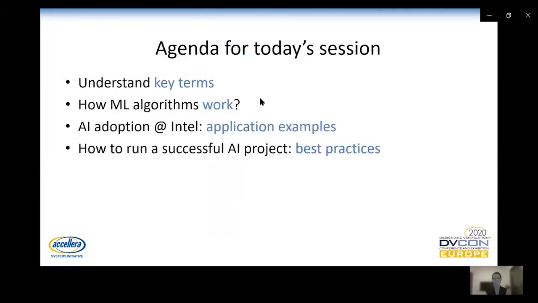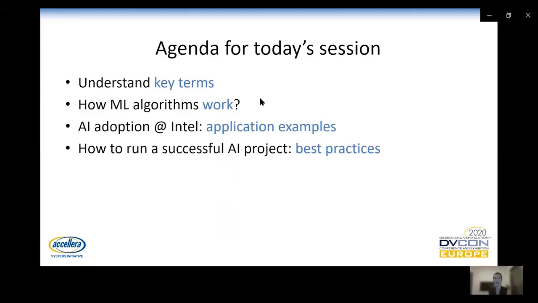So what we will cover today in the next 45 minutes: I will go over some of the key terminology of artificial intelligence. Following that, I will talk briefly, at a high level, about how a machine learning algorithm actually works and what we should make sure we have at hand in order to build a successful machine learning algorithm.